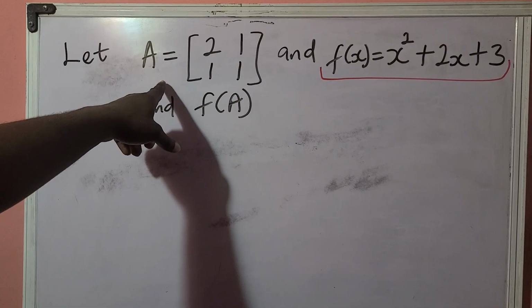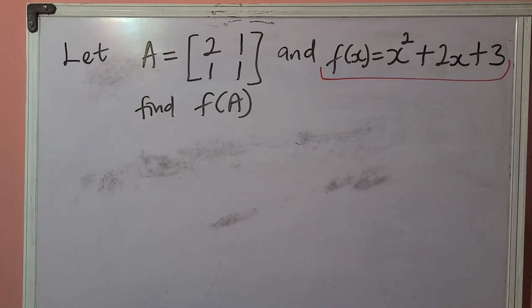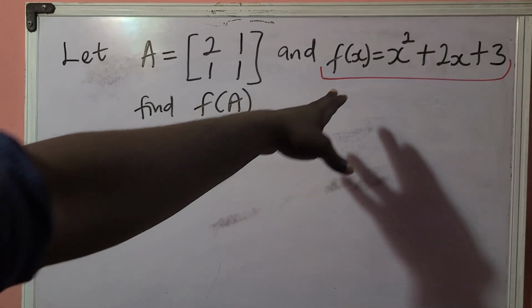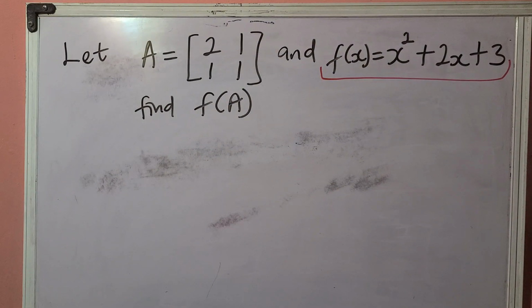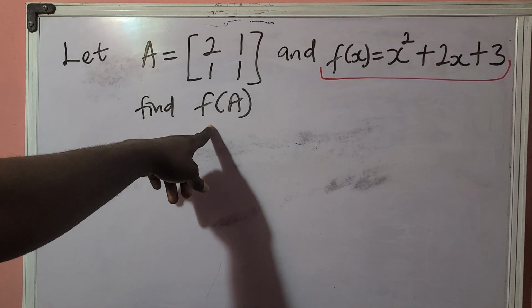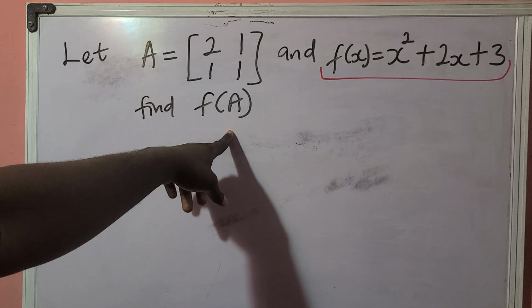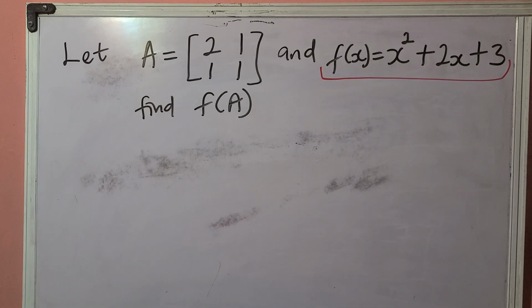So we're given a matrix A, 2 1 1 1 as the elements, and then we're given a polynomial f of x being x squared plus 2x plus 3. Then we're told to find the value for f of A. So the first thing we need to do here is just to do the raw substitution.